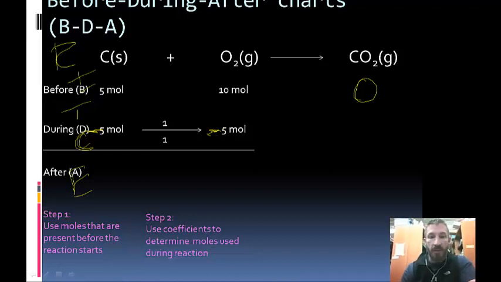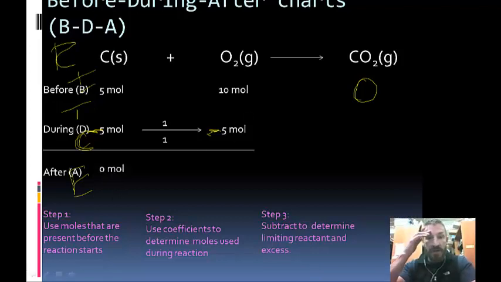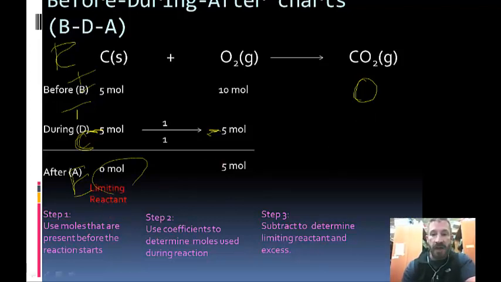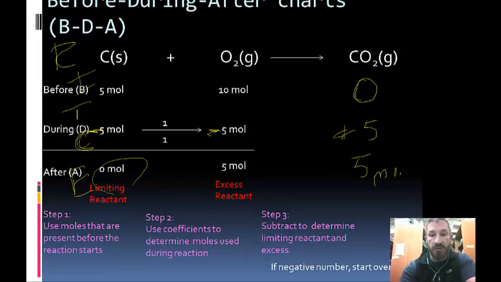And then the carbon dioxide goes up by 5 as well, because it's still a 1-to-1 ratio. 5 minus 5, there's 0 carbon left at the end. 10 minus 5 gives you 5 moles of O2 at the end. So carbon is limiting, oxygen is excess, and the carbon dioxide produced is plus 5, so you have 5 moles at the very end.